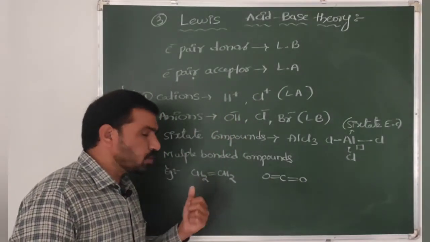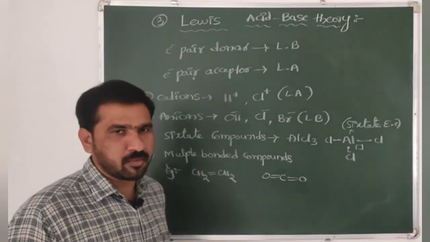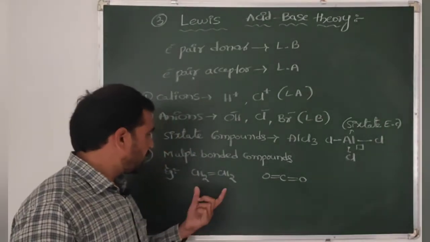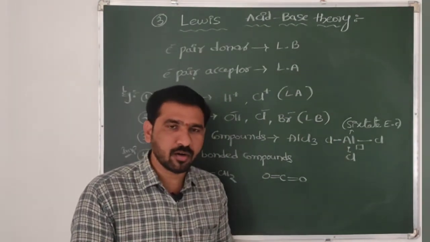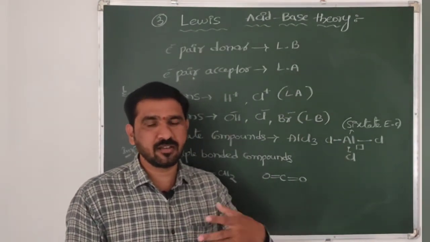Between carbon and carbon, two bonds are there. More than one bond means multiple bonds. So this compound has multiple bonds, and this compound also has multiple bonds.